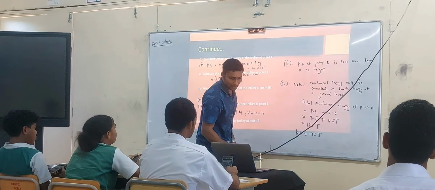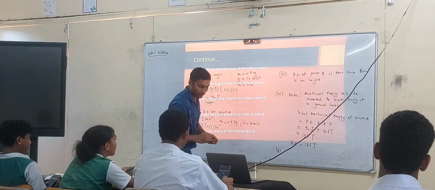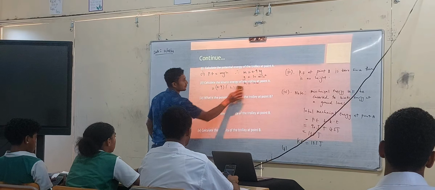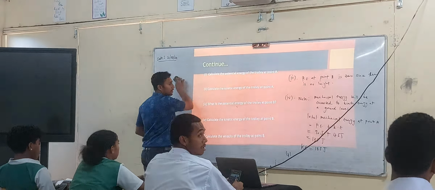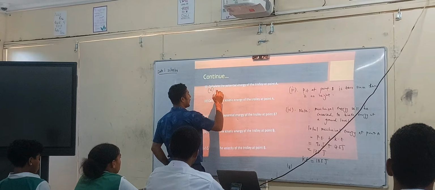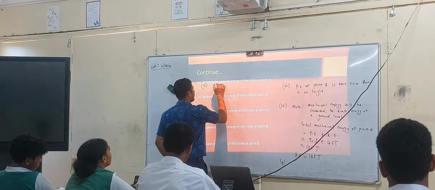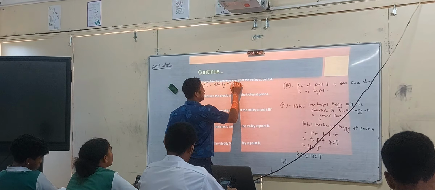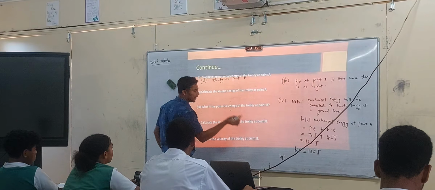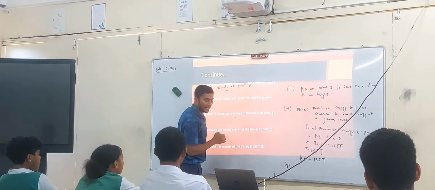Yes, sir. So now the last part is B. Calculate the velocity of the trolley at point B. So now part B is to find the velocity of the trolley at point B. So we know our kinetic energy at point B is what? 135 joules.